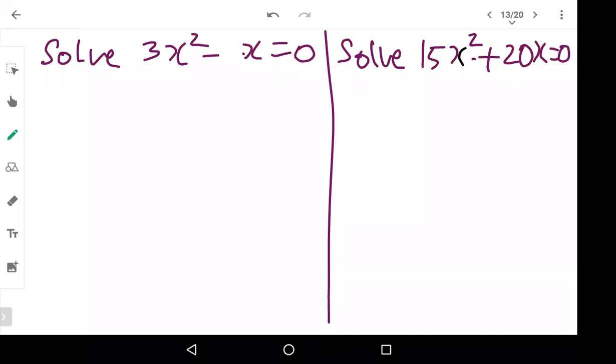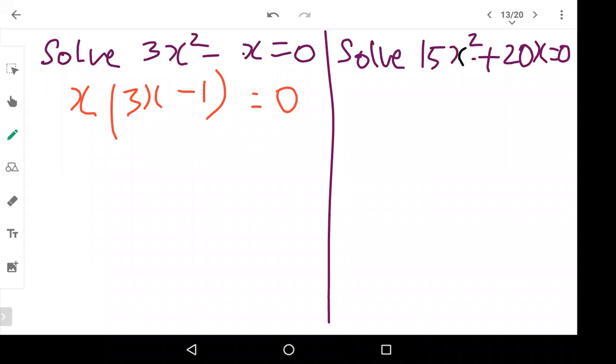I don't know how you got this, because you're supposed to take the common factor here. Even if you take x as common outside, you will have 3x minus 1 is equal to 0. So this is how you have to solve.